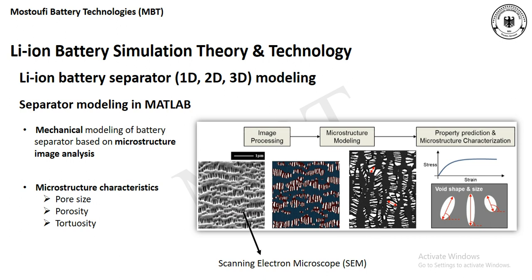In terms of this method of image processing techniques, we should consider microstructure characteristics like pore size of the separator, porosity or tortuosity. And as you can see on the right side, by applying different image processing techniques, we can get the stress and strain curves and predict different properties of the separator in terms of microstructure characterization.